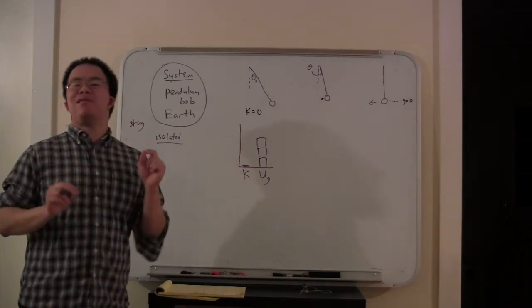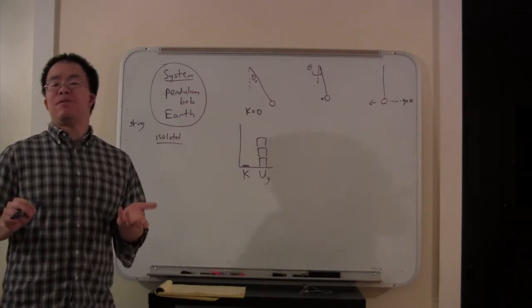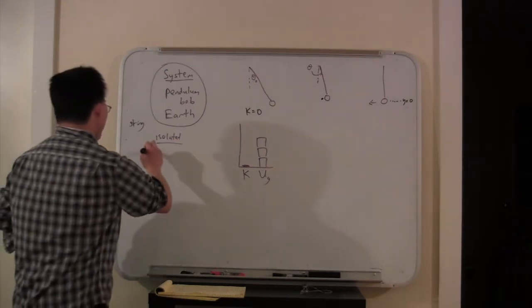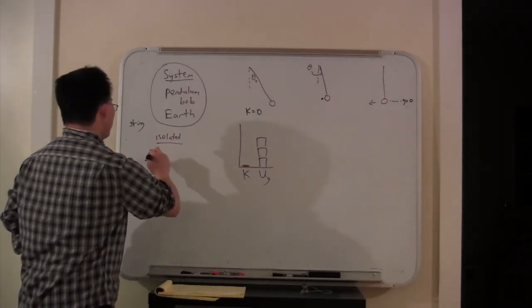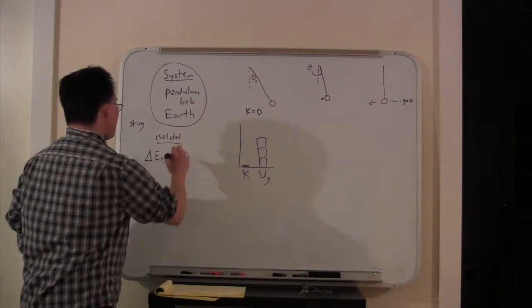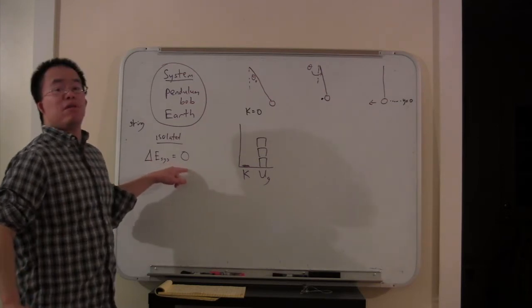Now, what I forgot to mention is that we've got an isolated system here. So according to the energy principle, what does that mean? Remember that the energy principle for an isolated system says that the change in energy of the system is equal to 0, right?